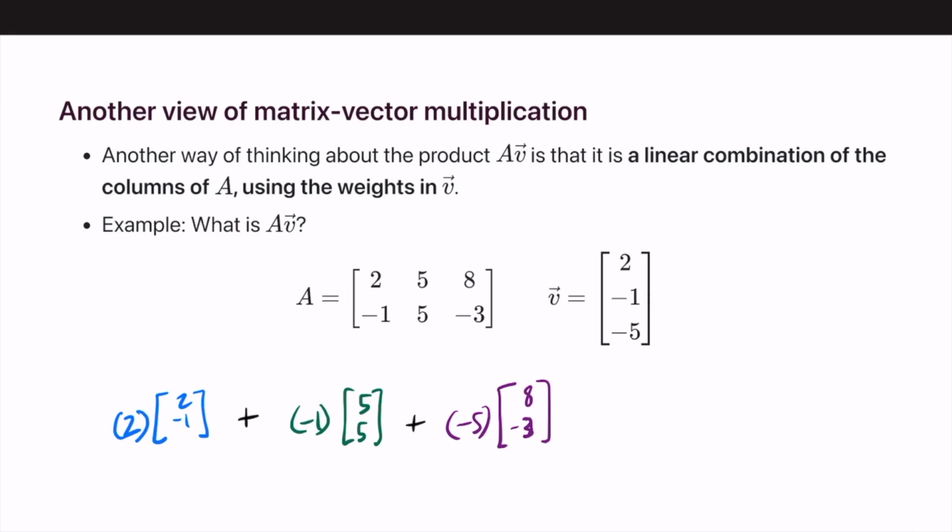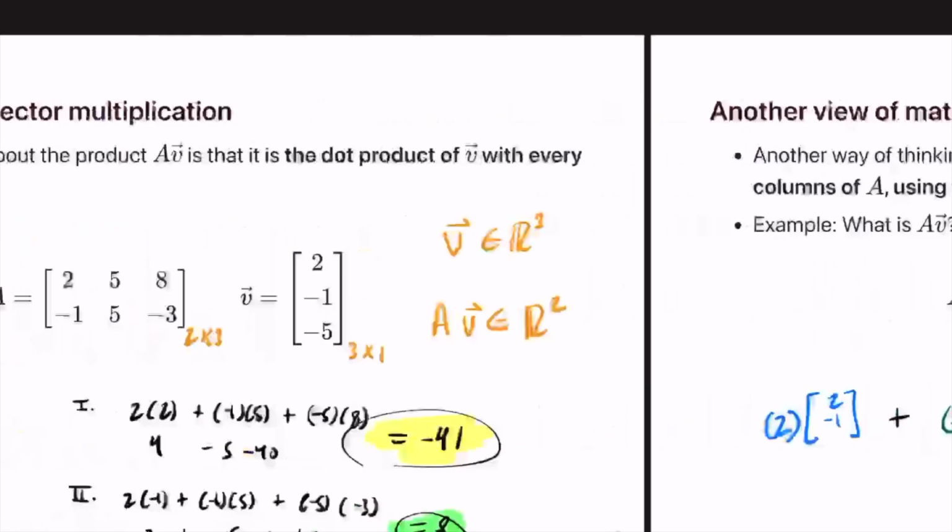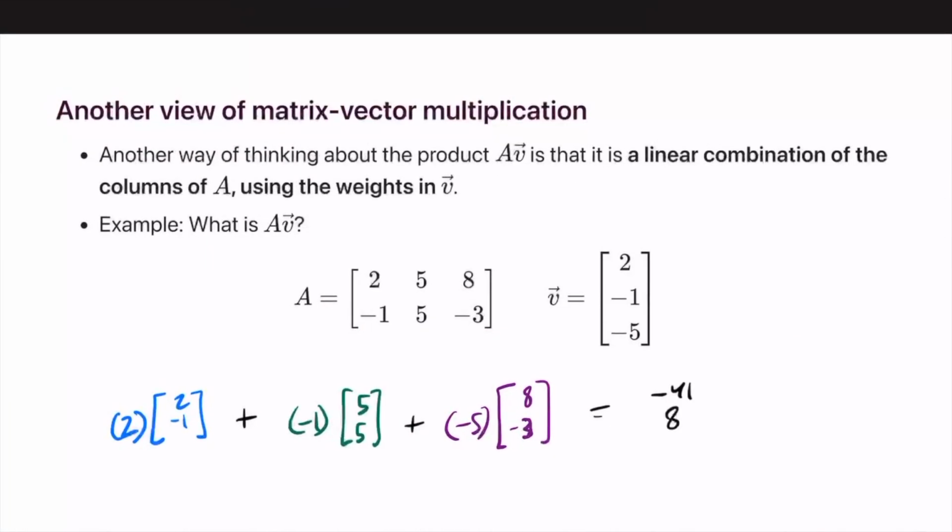And of course, we still get the same answer, which is, what was it, -41 and 8? Yeah. So that's still all fine. Nothing here has changed. But the important thing to note, this is AV, is this is just a linear combination.